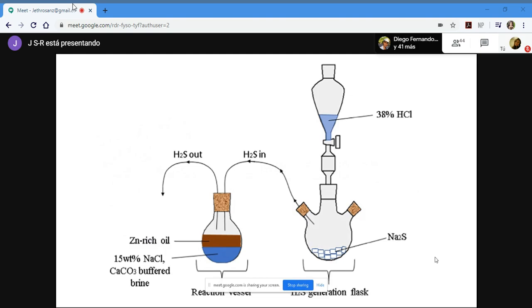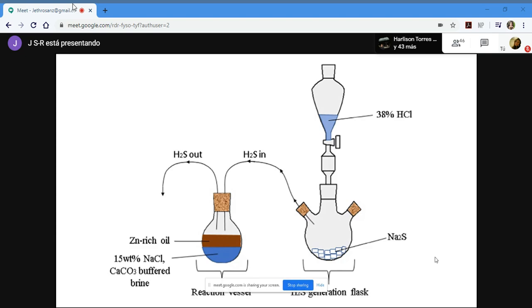So I devised an experiment to imitate the kinds of geochemical conditions found in the ore zone of Mississippi Valley type deposits. I did this by mixing a crude oil that was rich in zinc with sodium chloride brine that was calcium carbonate buffered.